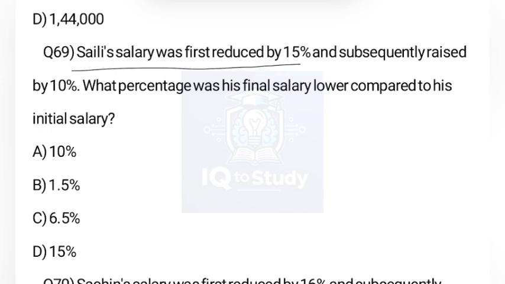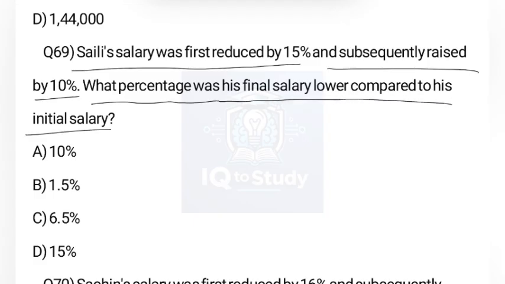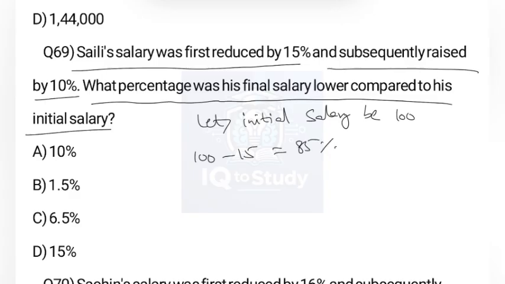Siley's salary was first reduced by 15% and subsequently raised by 10%. What percentage was his final salary lower compared to his initial salary? Let the initial salary be 100. So 100 minus 15 is equal to 85%. Subsequently, it is raised by 10%.